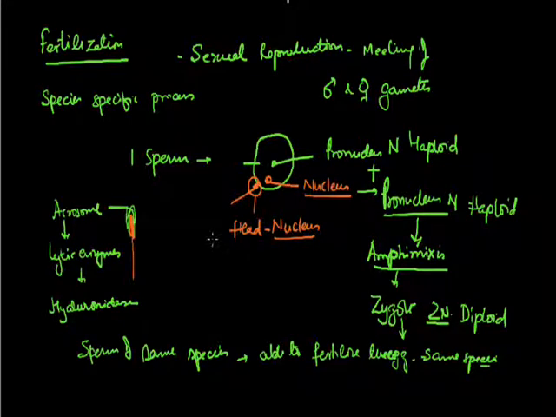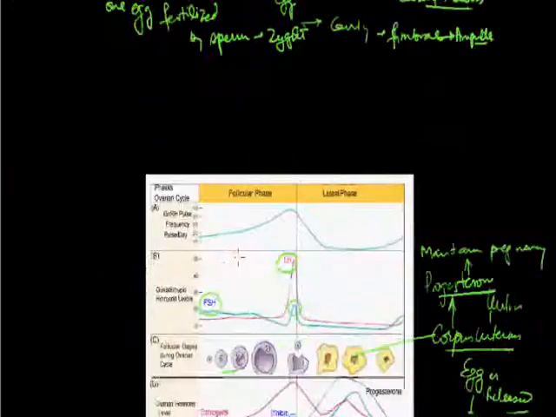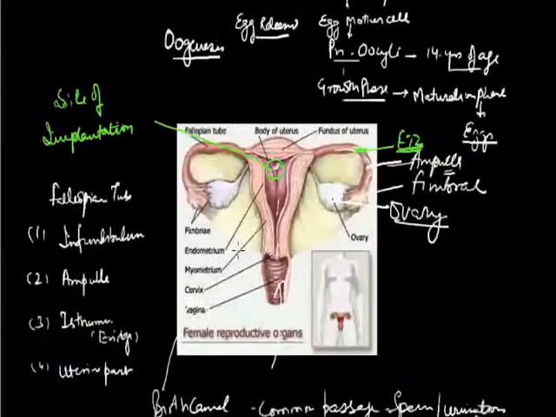The process of fertilization is a very complex one which results in the formation of zygote, and this zygote undergoes mitotic division. The first division of zygote occurs here only, inside the fallopian tube. It is a single cell, it divides into 2 cells, then further into 4 cells.